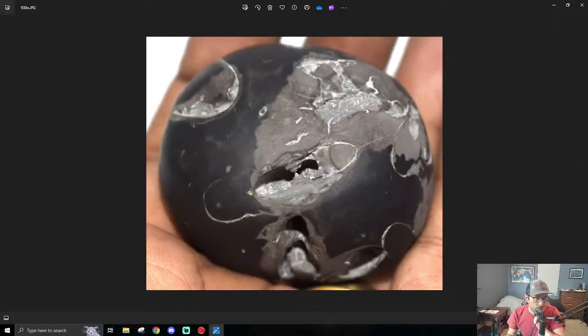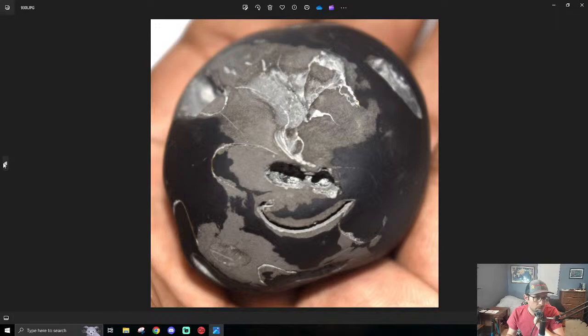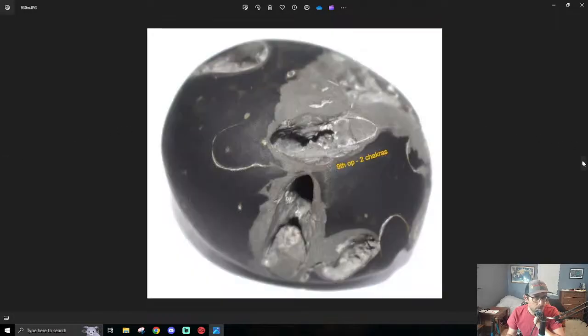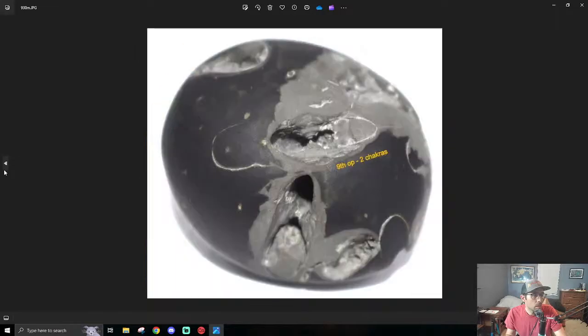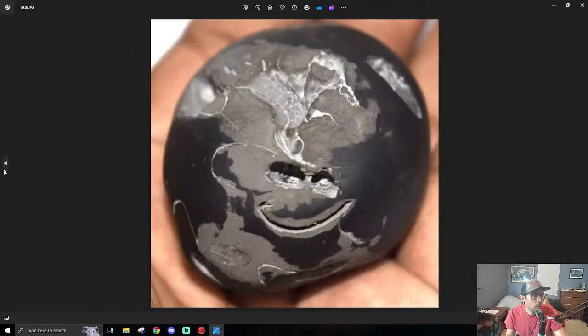Okay, there's that chakra thing. There is. Let's go back. Its other half, this thing, is really here, which is part of another ammonite. But it really goes this way, let's see.